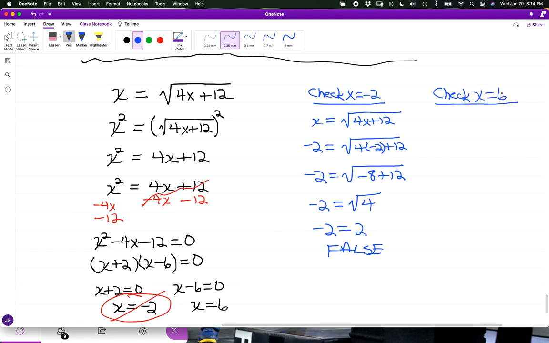Now, as for the case of x equal to 6. We have the same equation, a different value of x to plug in. So you have x at 6. Then we have the square root of 4 times 6 plus 12. 4 times 6 is 24, plus 12 is 36.